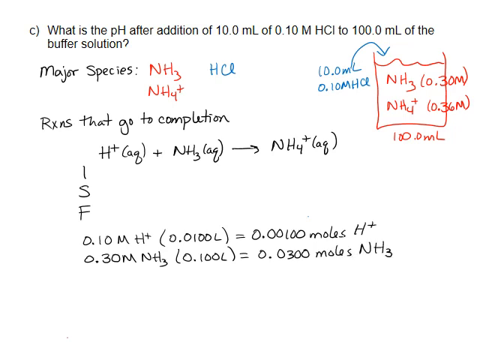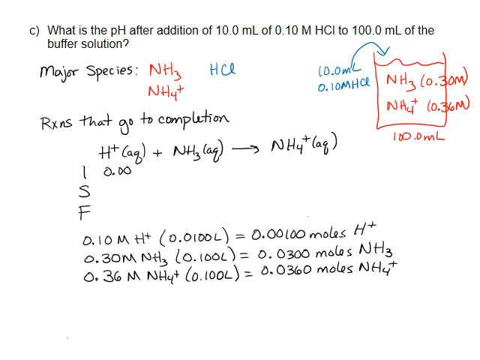So we're starting off with 0.03 moles of ammonia. For the ammonium, we had 0.36 molar, again 100 milliliters of that. So 0.036 moles of the ammonium ion. We can go ahead and put these into our stoichiometry table.